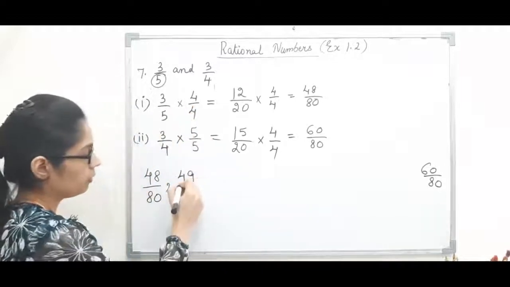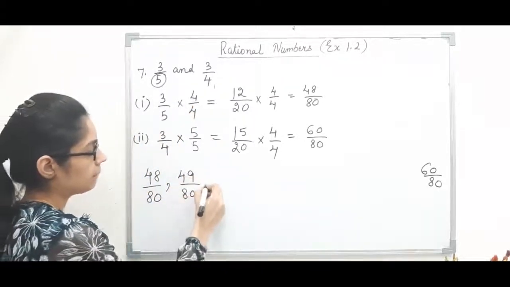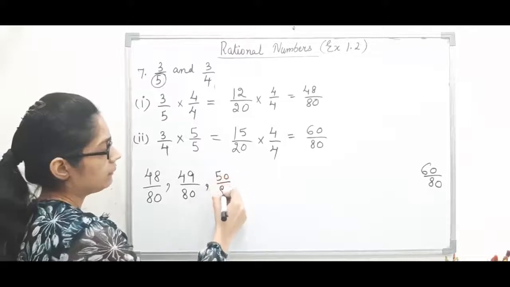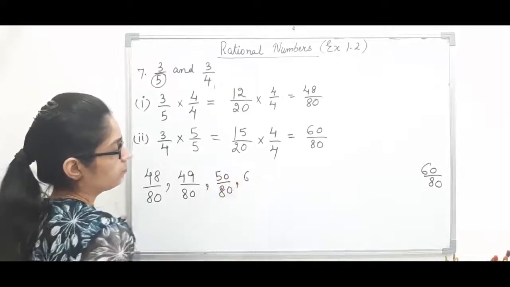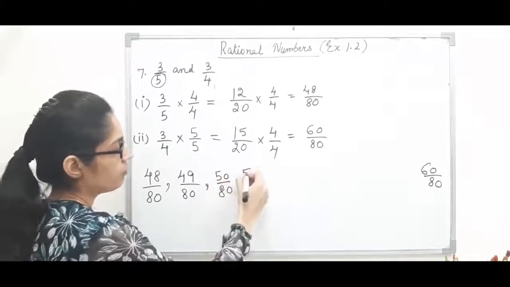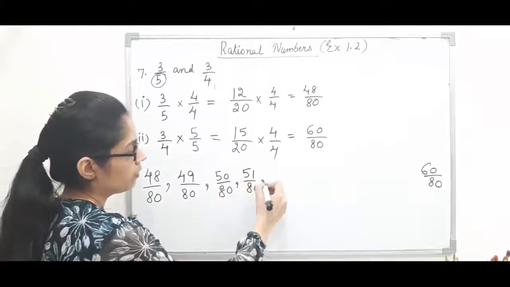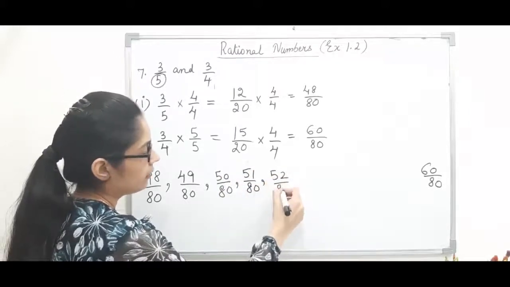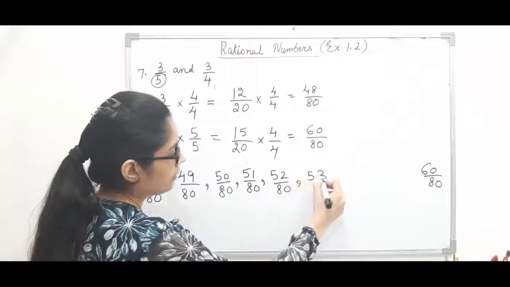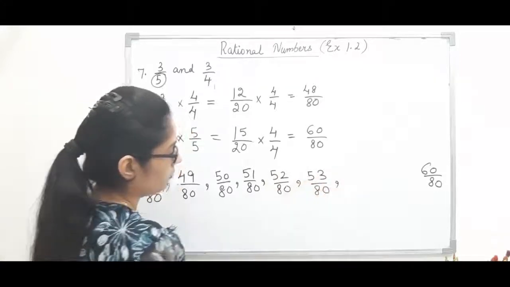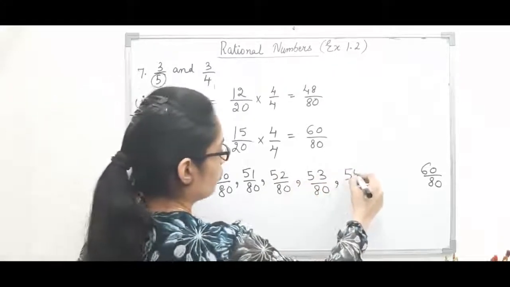So it will be 49 by 80, then 50 by 80, 51 by 80, 52 by 80, 53 by 80, 54 by 80.